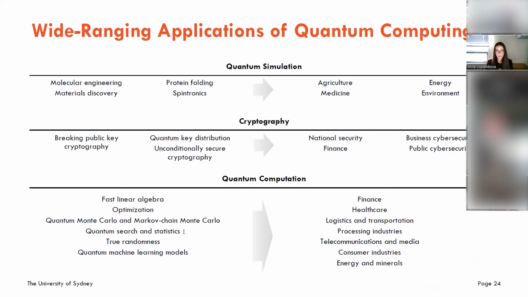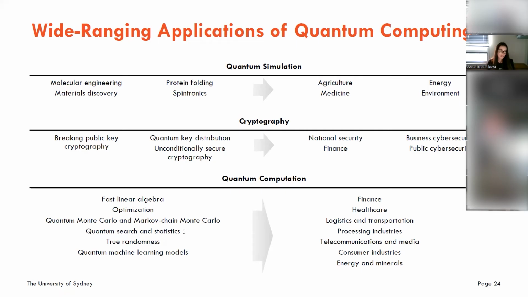But from a practical perspective, it's not just quirky theoretical computer science problems. Sometimes theoretical computer scientists can concoct very impractical problems to test computer power. But no, actually, quantum computers have wide-ranging practical applications that are truly transformational, just like classical computers were less than 100 years ago. They transformed the last half a century or more.